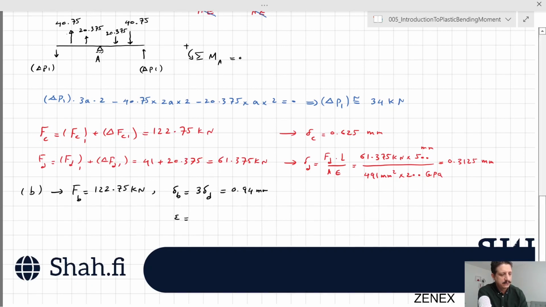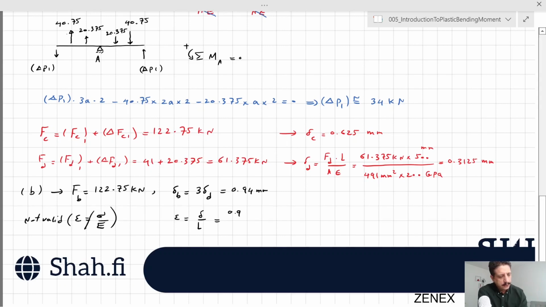Also, strain is beyond the yield strain. So epsilon will be delta divided by L. Here you cannot calculate epsilon as sigma over E anymore. This is not valid, because now we are not in the linear phase, or we are not in the elastic phase.